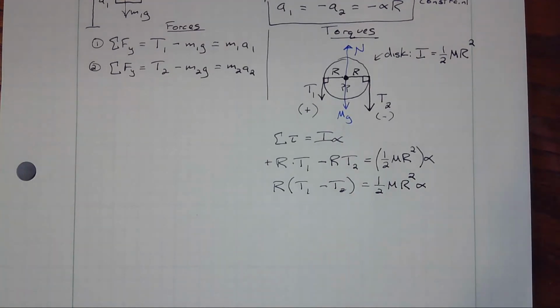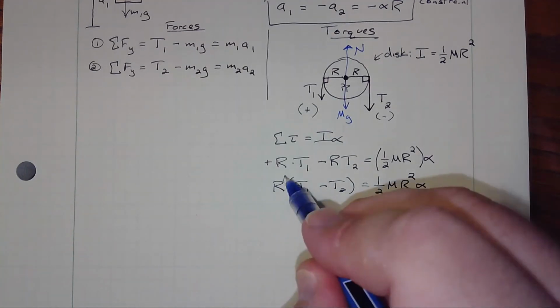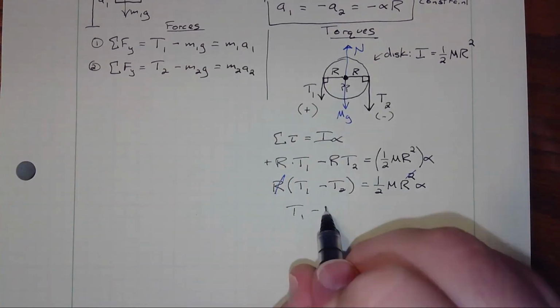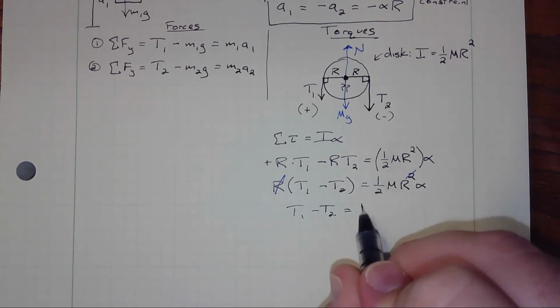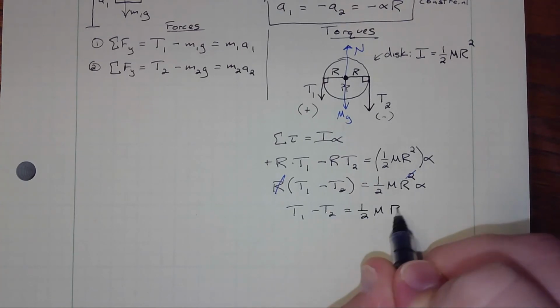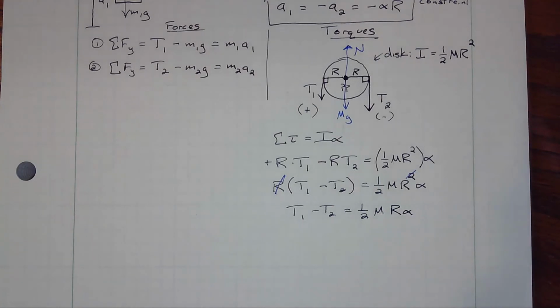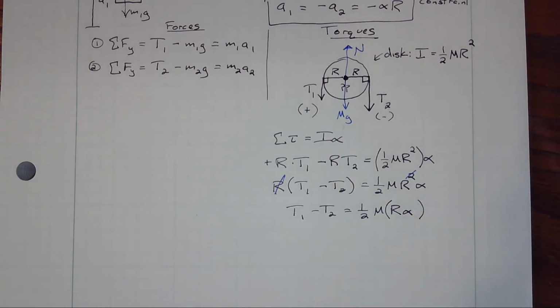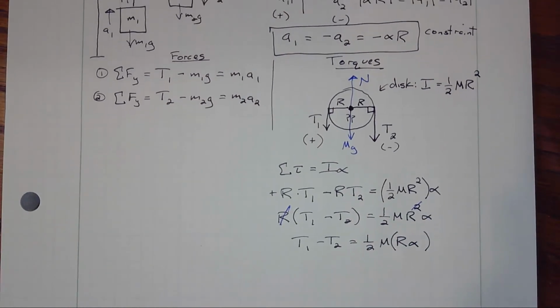In fact, we can cancel one factor of R by dividing by R on both sides. So this gives me T1 minus T2 is equal to 1/2 M R alpha. But in order to connect this with the other expressions up here, I'm eventually going to have to use this acceleration constraint.